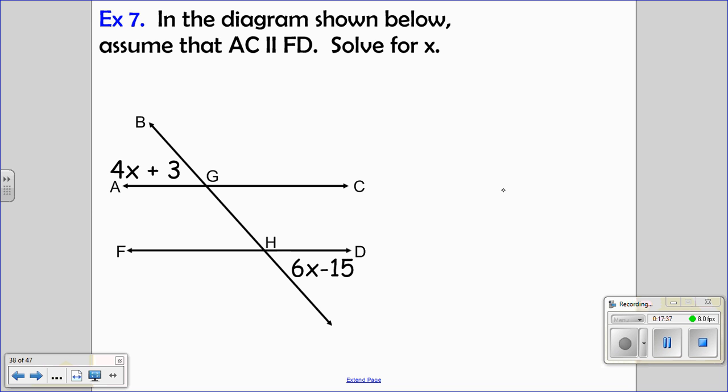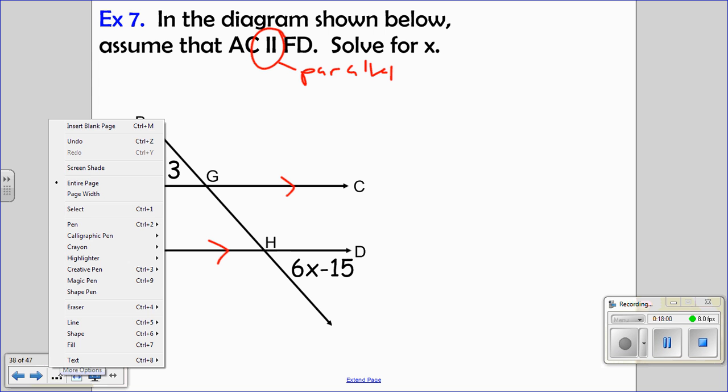For number 7, in the diagram shown below, assume that AC, whenever you see these double bars here, that means parallel. So we're saying that AC is parallel to FD. I'm going to draw the little parallel arrows on my lines. Solve for x.